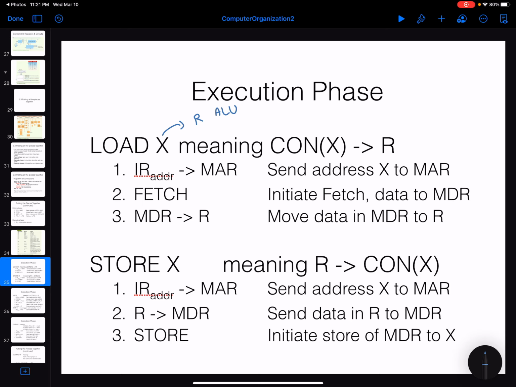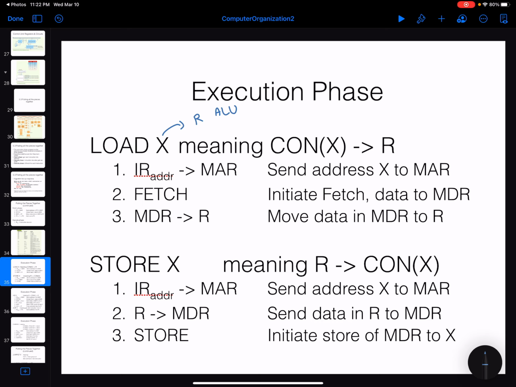So what does this mean? It means that you need to send out a signal to the memory, because you are supposed to fetch the value of X from the memory, and then get back the value and copy it inside the register R.